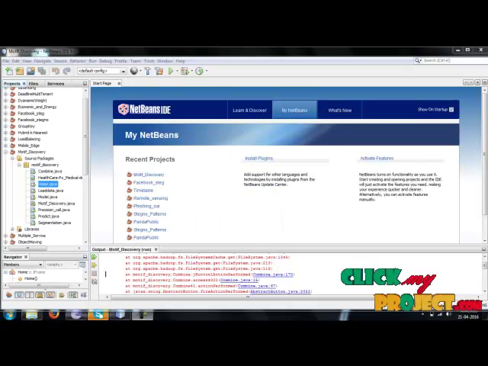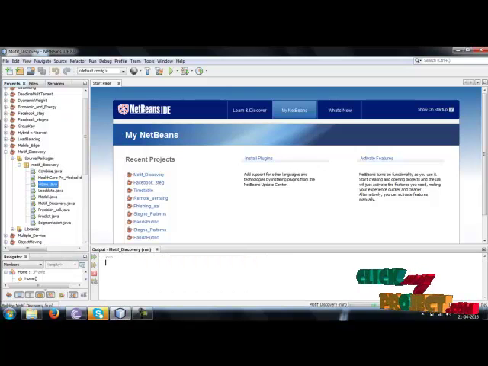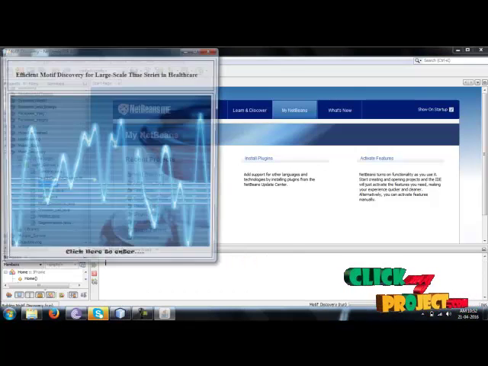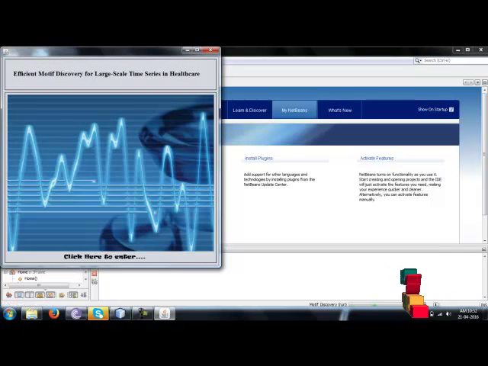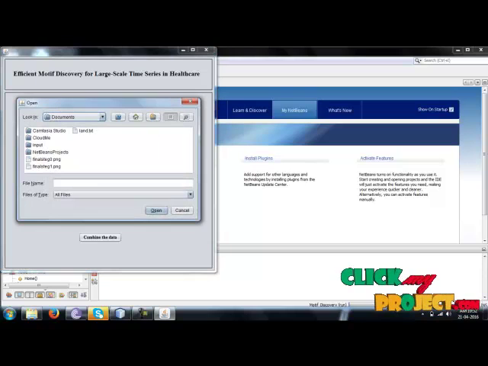Let's start our project demo and run the home page. Right-click on Home.java and select run file. The home page is running now: Efficient Motif Discovery for Large Scale Time Series in Healthcare. Click here to enter into the system. Now we have entered the system and select the nodes of data gathered from the ECG monitor.